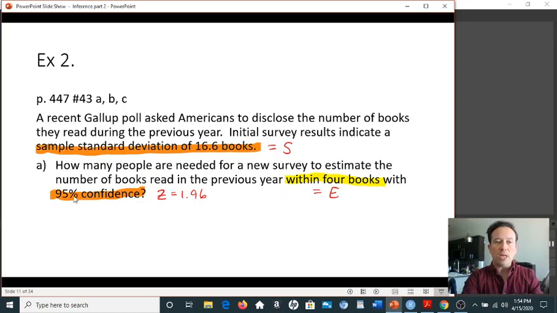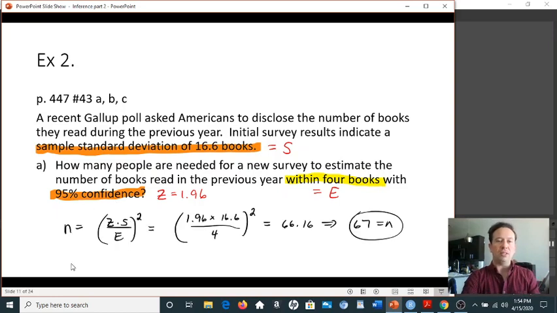So z is 1.96 for 95% confidence. So now, using the formula I just gave you, it's z times s over e. So plug that in, square it, you get this number, and we round up to the nearest integer. So this study would require 67 participants to achieve 95% confidence and a margin of error of 4 books.